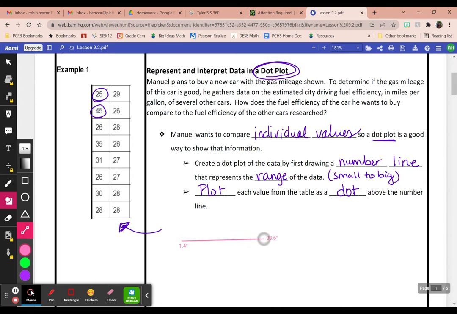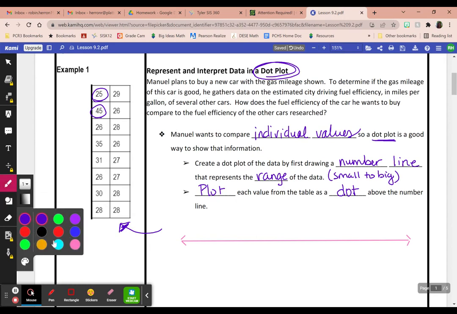So I'm going to do the line, and then we'll do arrows on both ends, okay? And then we'll go back to the pen, and we'll go ahead and fill this in. So I'm going to go from 25 to 45, okay?